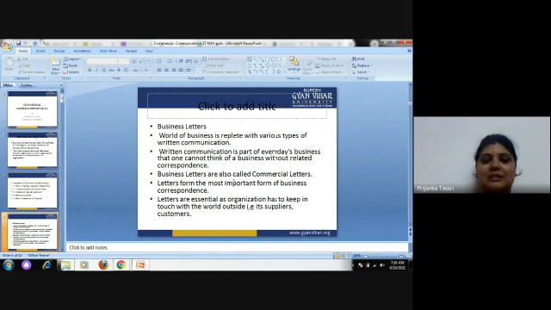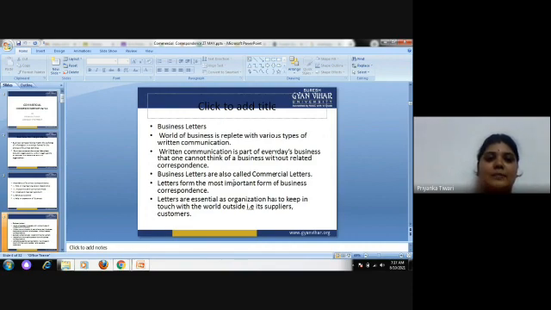Business letters are also called commercial letters, and letters form the most important form of business correspondence. Letters are essential as an organization has to keep in touch with the world outside, that is, suppliers and customers.